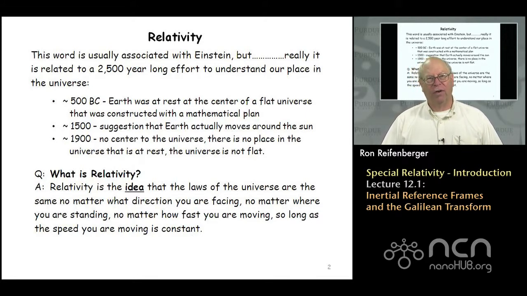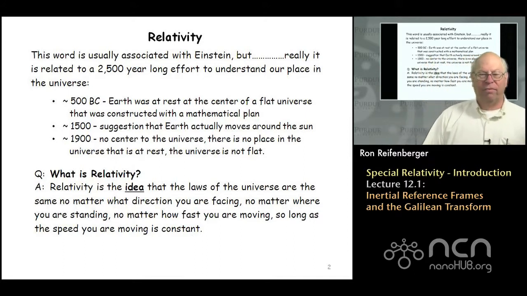That point of view fell into disfavor in the 1500s because new experimental data showed that the Earth was actually moving or orbiting around the Sun. That was a very hard fact for many philosophers and politicians at the time to accept, but experiment was telling us that the Earth is not at rest, and so there has to be a different viewpoint of what the universe is.